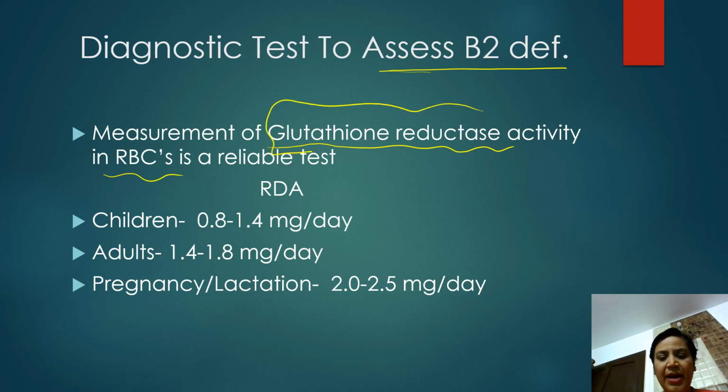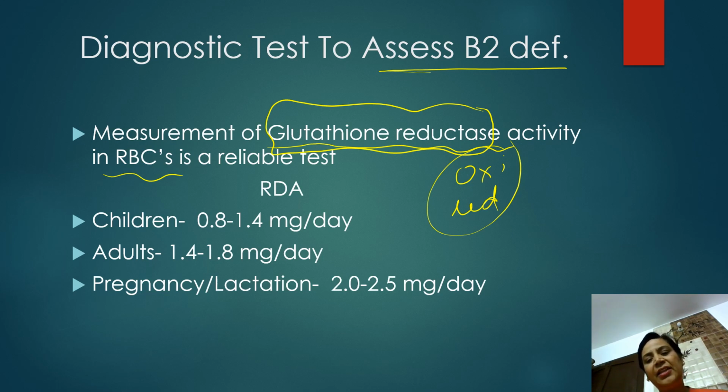Because this is required to maintain the rigidity of the cell membrane of RBCs. Glutathione is present in two forms, oxidized form and reduced form. So if we measure the activity of this, it is a reliable test to detect B2 deficiency.